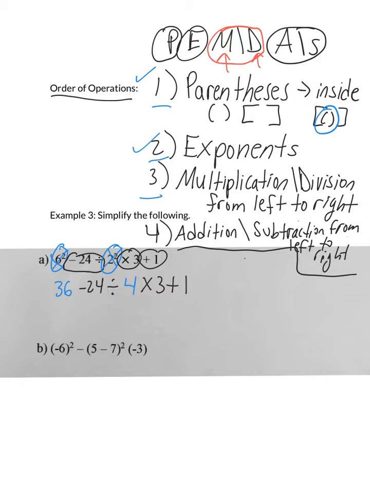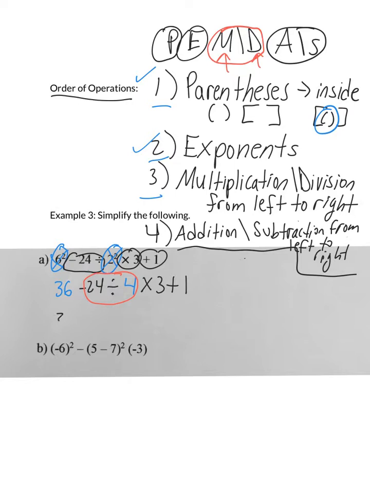Because as I go from left to right, division comes before multiplication. So whatever's further to the left, that's what we do first with multiplication and division. That's what takes precedence. So here, division is further to the left than multiplication. So I've got to divide. So bring down everything else.